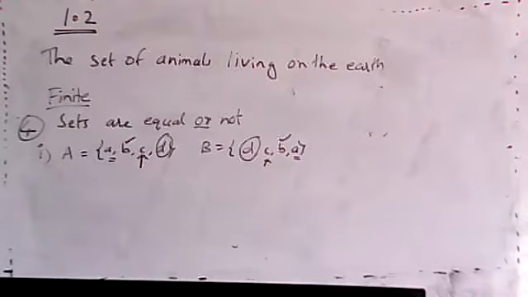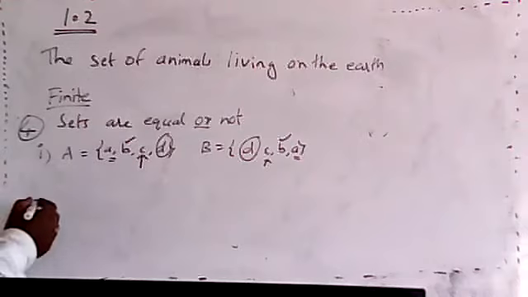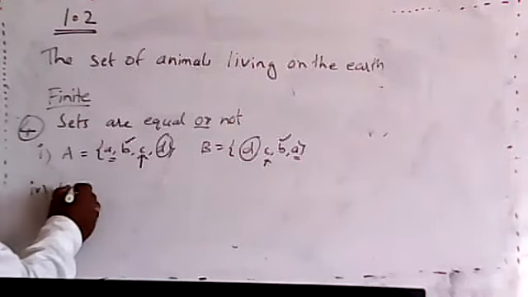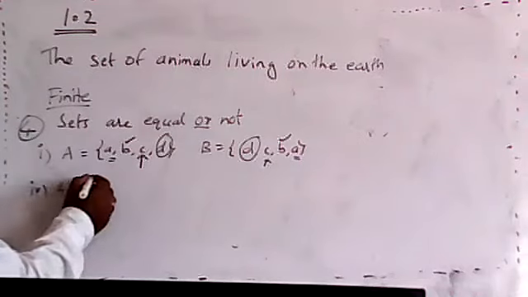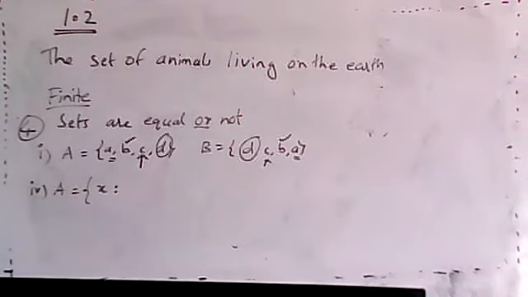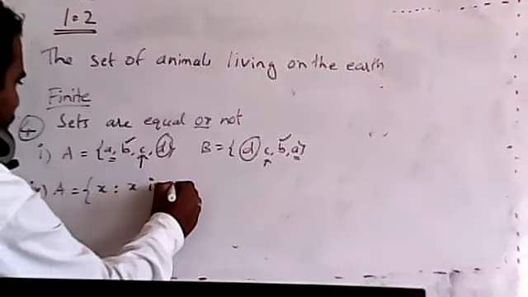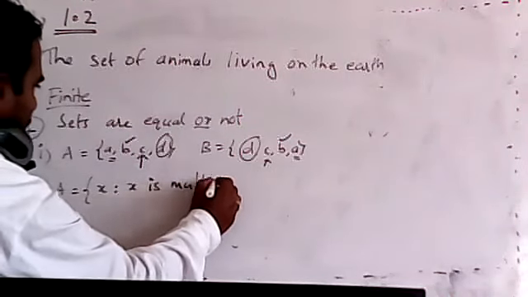Now, let me twist the question. Fourth one. There is a set A having all the elements of X such that X is a multiple of 10.